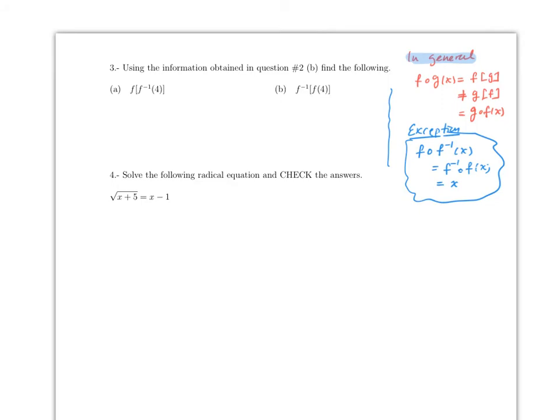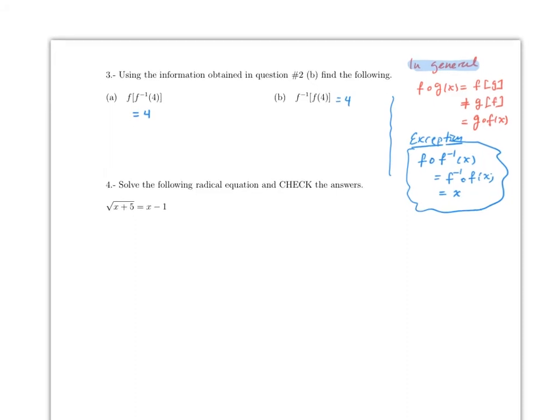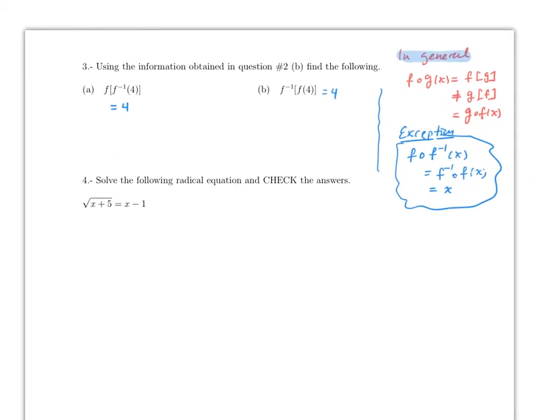So therefore here, it doesn't really matter which function is which, the answer will be just 4. And the answer here will also be 4. Now, it's asking you specifically to use 2b.